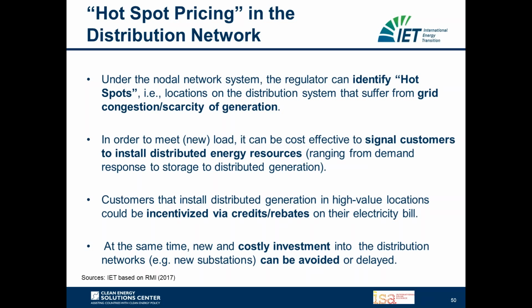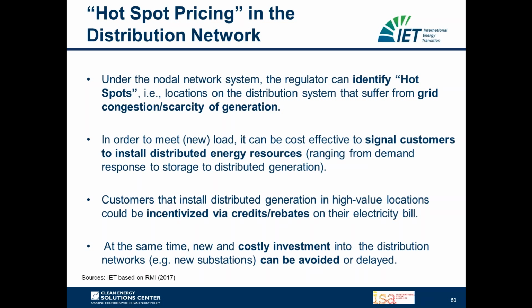Then of course you want to set locational price incentives so that within these regions distributed generation or other power generation sources, such as PV generation, will be installed. Then you need to have the right price signal, and the question is whether you actually get a credit or rebate on your electricity bill, or whether these price incentives will be structured differently.